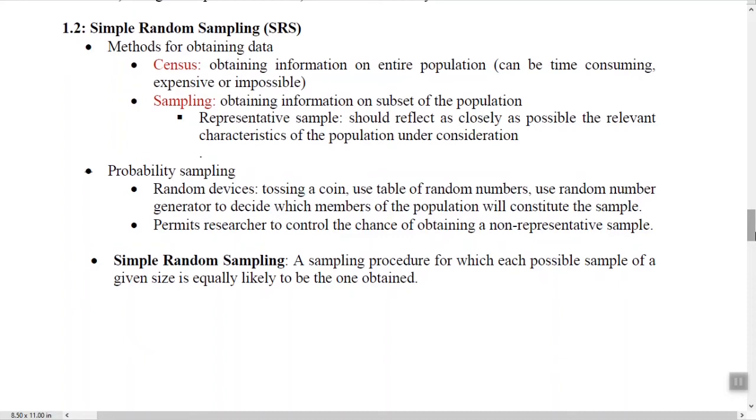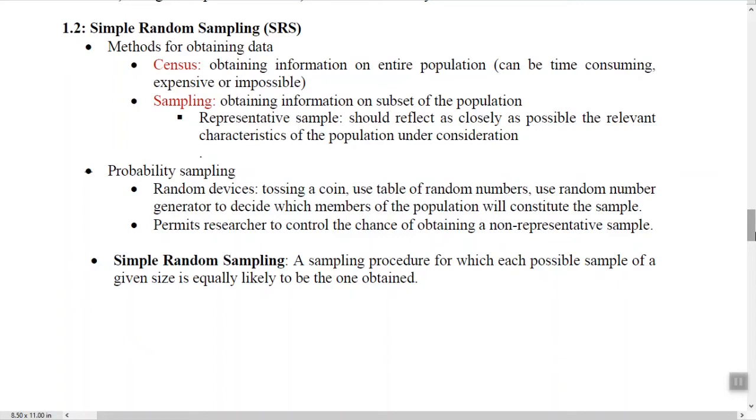For random sampling, we use probability sampling, because we should have a method to process this sampling technique. Probability sampling means we use a random device. A random device means tossing a coin, using a random number table, using a random number generator, or something like that.